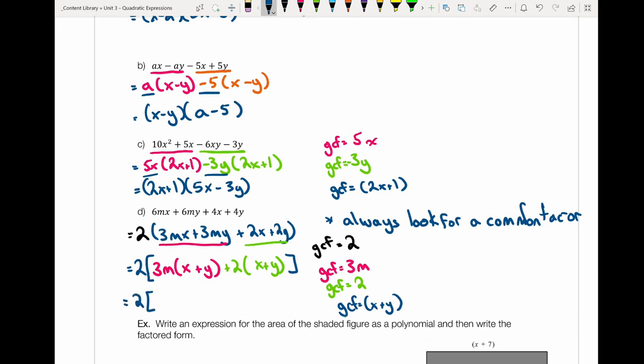And when we break this down, the x plus y is the one bracket, and then what remains is the 3m plus 2. And that is our final factored form. And again, if you're unsure, you can always go back and expand this, and we should make our way back up to that original expression.